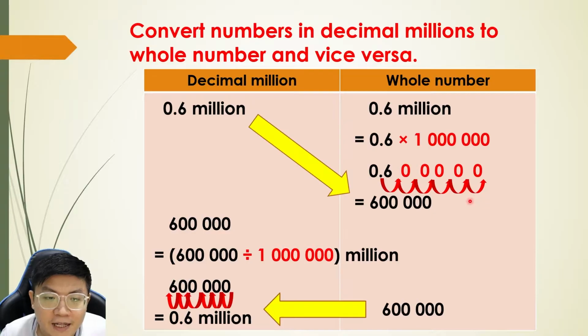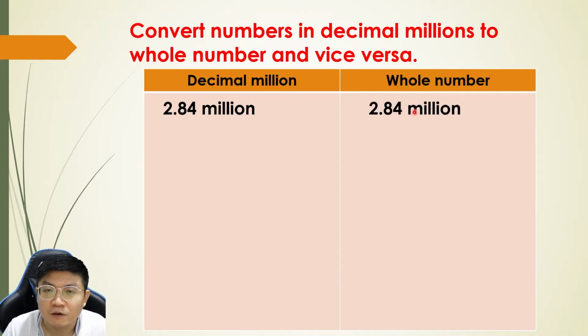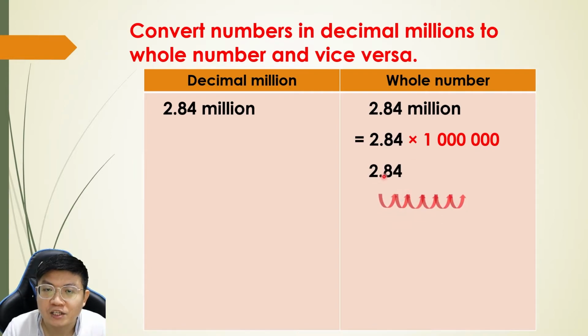Let's see another example. 2.84 million. Starting from 2.84 million, if I want to convert to whole number, I must times 1 million. By taking 2.84, I shift the decimal point right by 6 times. 1, 2, 3, 4, 5, 6.